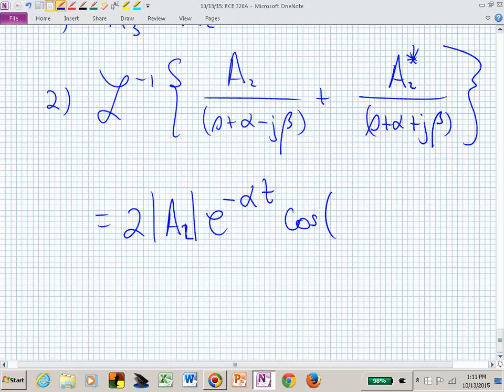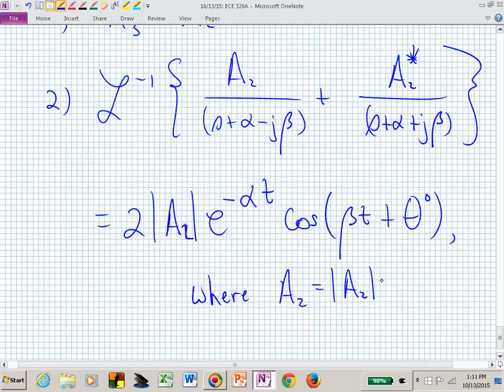Which variable in that expression in the curly braces is going to help us with how fast cosine is shaking? That's beta, radians per second. Beta t, but then that's offset by some angle theta. But what is theta? Theta is just the angle of that complex number a sub 2. Here I'm saying a sub 2 as a complex number is the magnitude of a sub 2 at an angle of theta degrees.